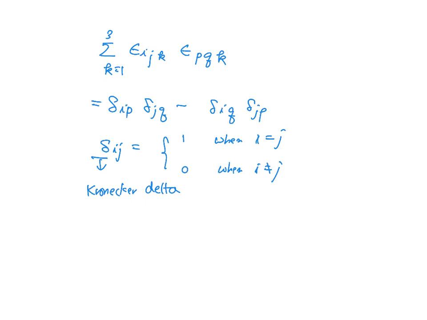So this symbol is called Kronecker delta. And this delta_ij means when i and j are the same, it is equal to 1, and when i and j are different, then it is 0.